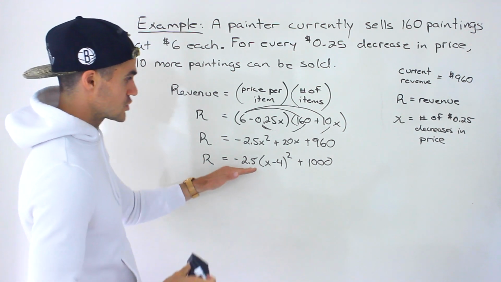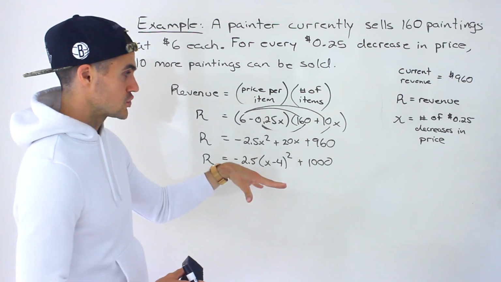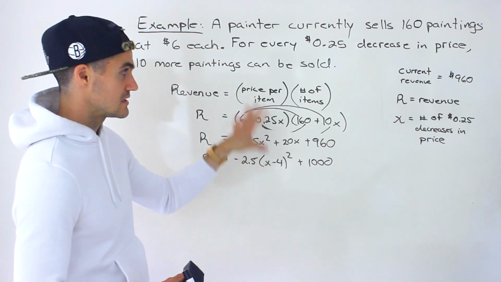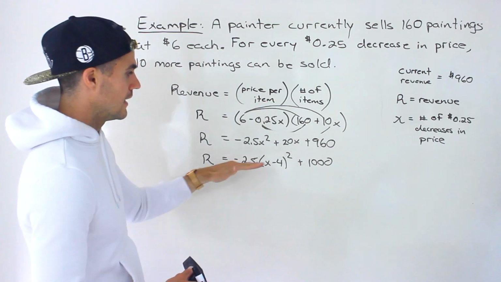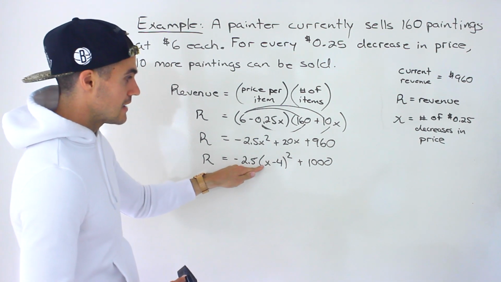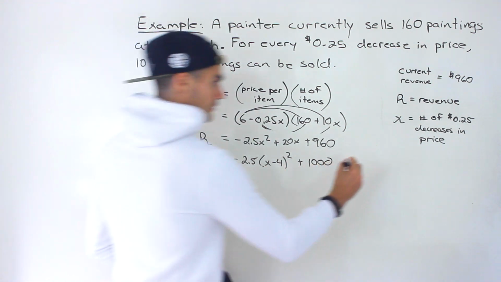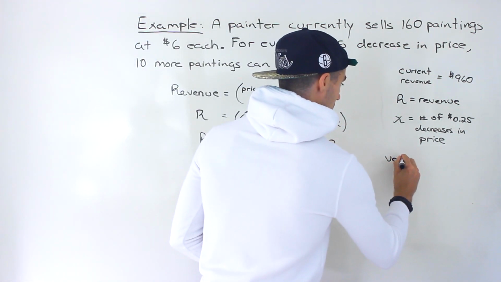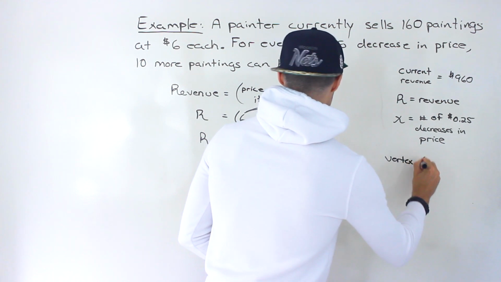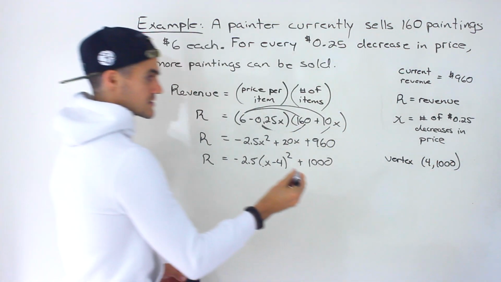Okay, and this is what's new in this particular question versus the kinds of questions that we did before: we weren't really getting this vertex form. But it's nice to get because we're able to tell the vertex from the vertex form. It is 4 and 1,000.